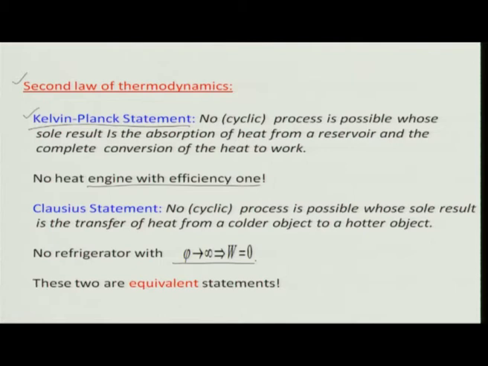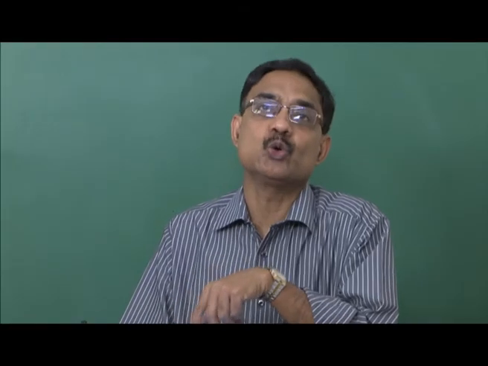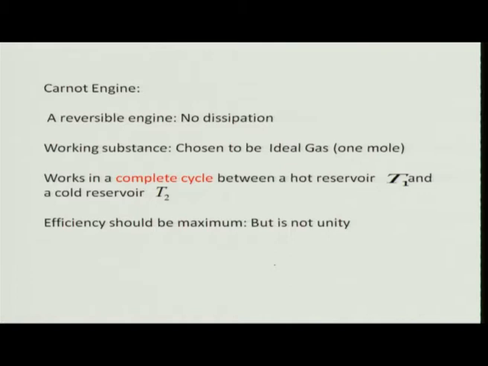That means I cannot construct a refrigerator which absorbs heat from a cold reservoir and dumps the entire amount of heat to a hot reservoir. It is not possible. I have to do some work on the refrigerator to make it work in a closed cycle. Then I talked about the Carnot engine, which is a reversible engine.